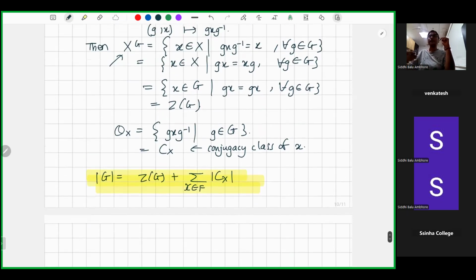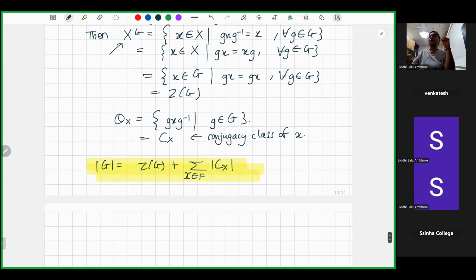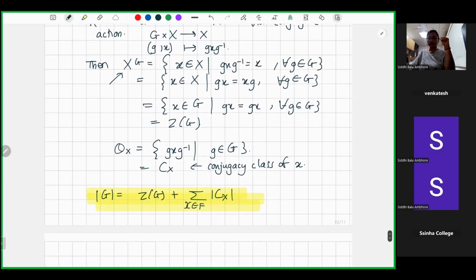I'm just simplifying the class equation for a group under conjugacy action, or conjugate action, whatever you want to call it.